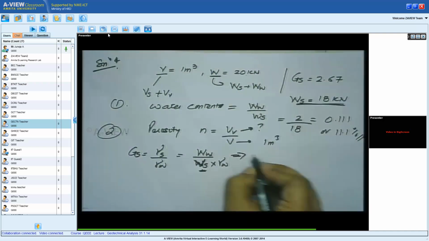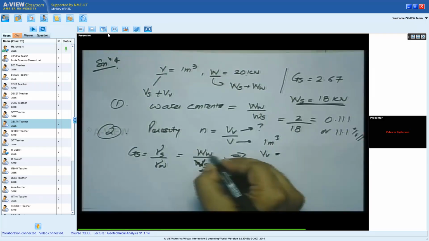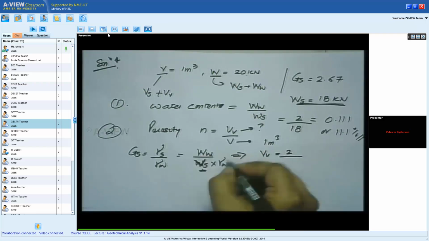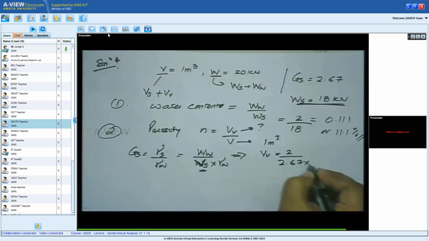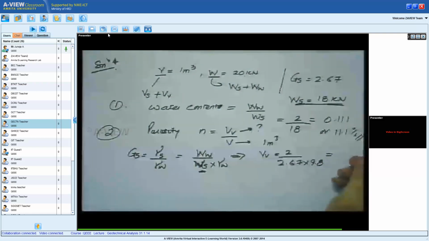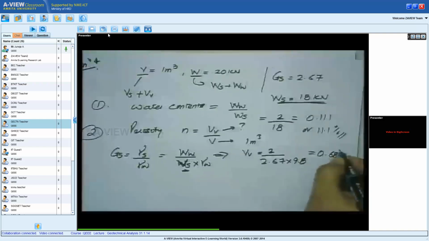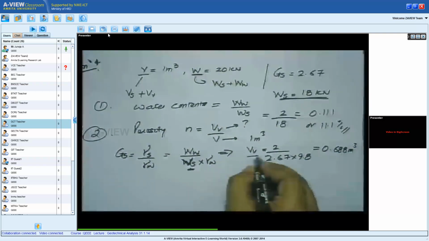So volume of solids equals weight divided by specific gravity, 2.67 times 9.81, which gives me a value of 0.688 meter cube.